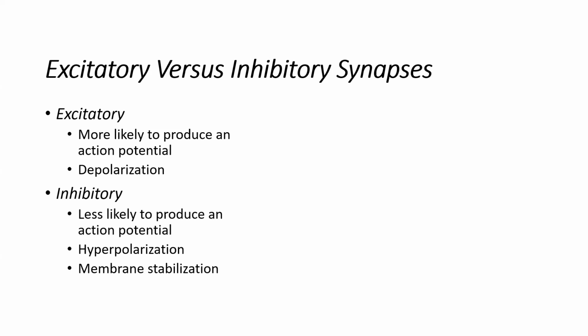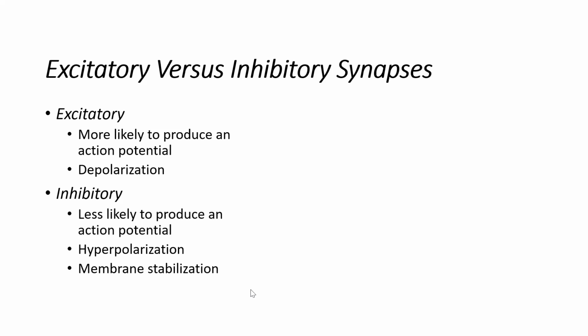Whereas inhibitory postsynaptic potentials do the opposite. They make it harder to fire an action potential. They take the membrane potential away from rest, but in a negative direction. They hyperpolarize the membrane potential, and it's going to require a stronger stimulus to overcome an inhibitory postsynaptic potential in order to get us to an action potential, all right?